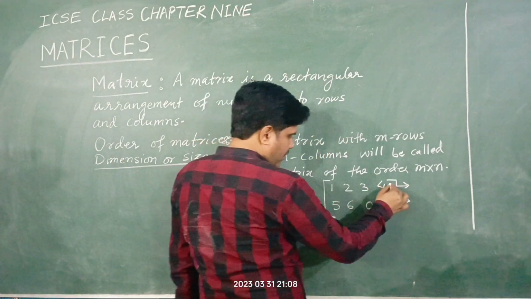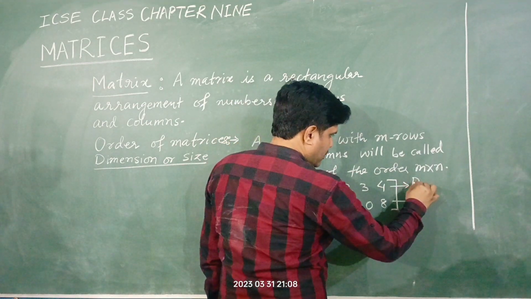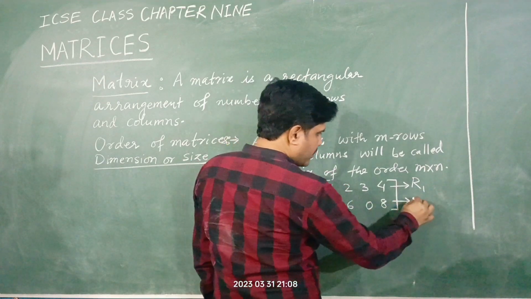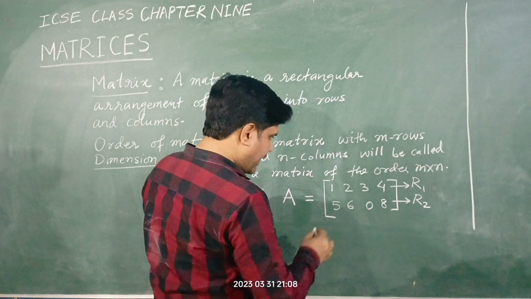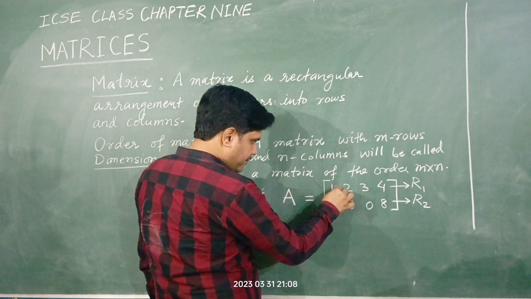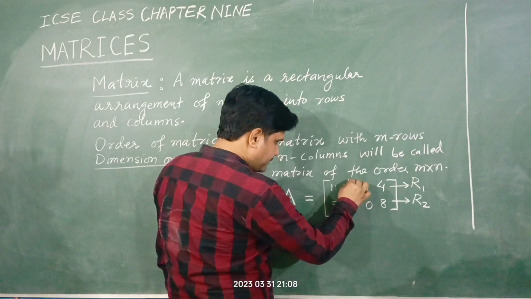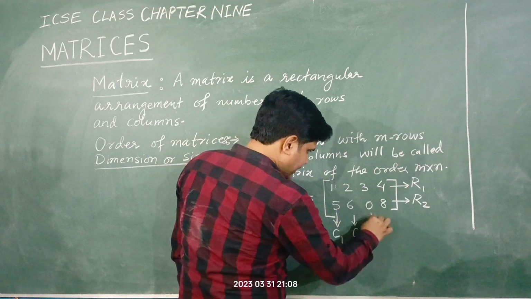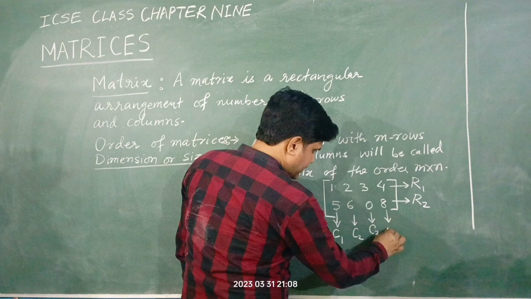I'll have to focus on 1, 2, 3, 4. These are written in a row, so I can call it row 1. I have another row here, I can call it row 2. Likewise, these numbers 1 and 5 are in a column. We can call it column 1, column 2, column 3, and this one right here is column 4.